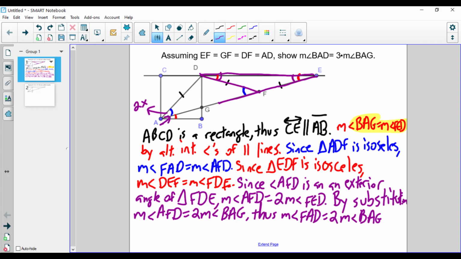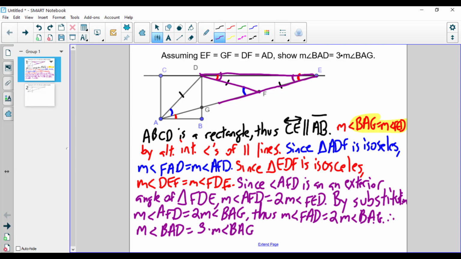So now what we find, if you follow what just happened there, is that this angle is 2 times this angle. And if we think about 2 times plus 1 times, that means that BAD has to be 3 times that of BAG. So by showing that that angle is double BAG, I can now put my triple marks there, and therefore the measure of angle BAD is 3 times that of the measure of angle BAG.